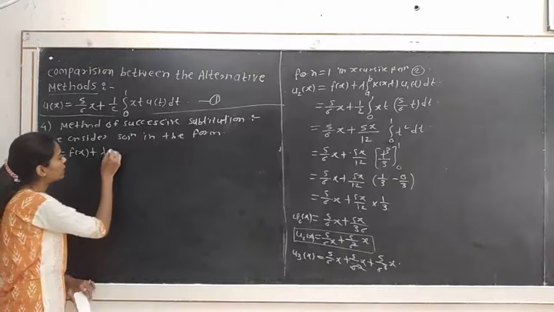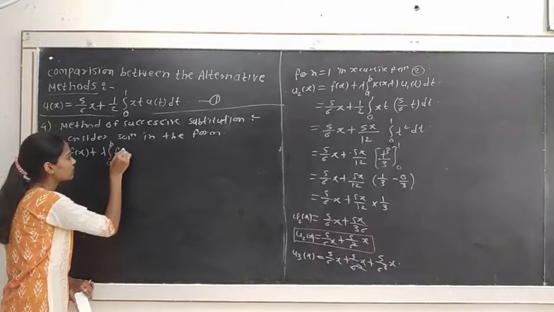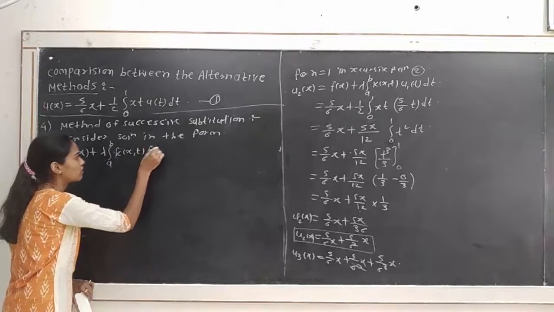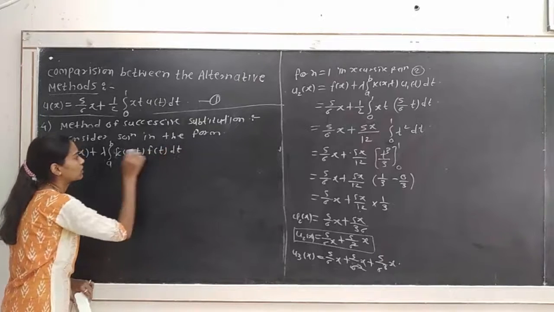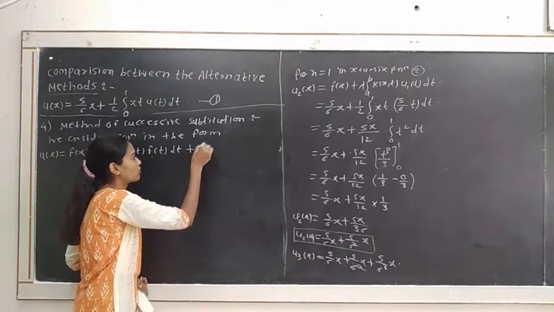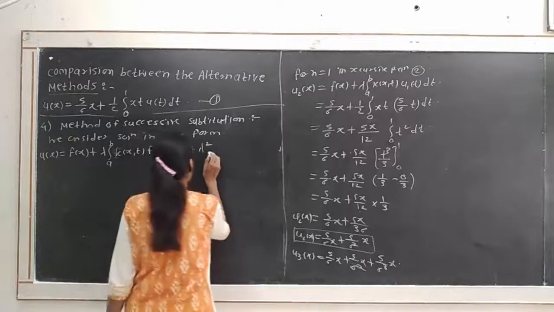So lambda, integration from a to b, the first term will be k of x,t into f of t dt. Here we replace the unknown function u of x by f of t, then plus lambda square in the next term.